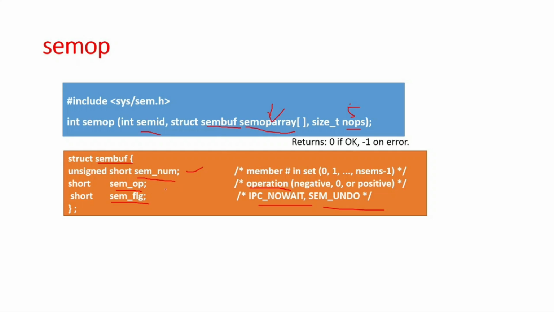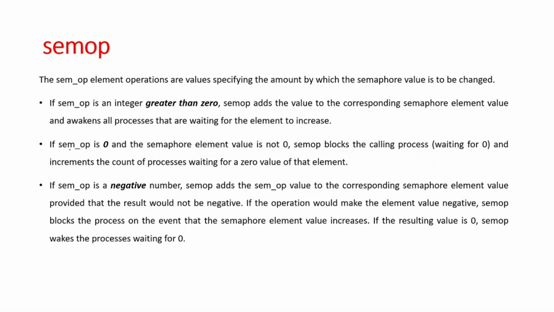Now let us see the various possible values of sem_op and their meanings. The sem_op element operations are the values specifying the amount by which the semaphore value is changed.